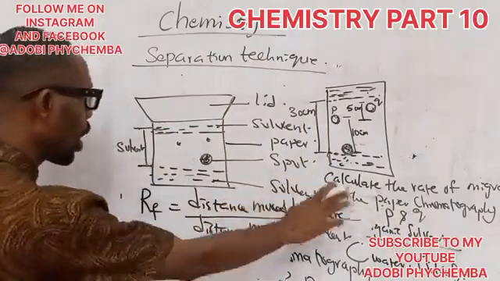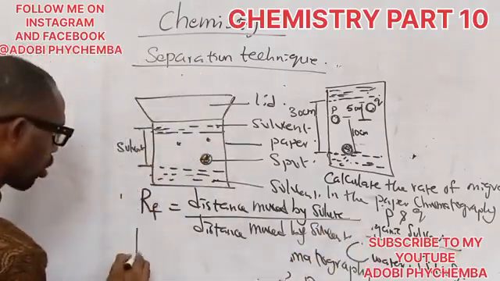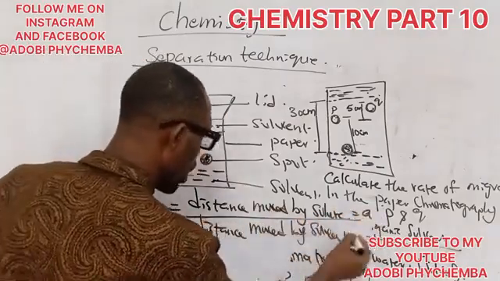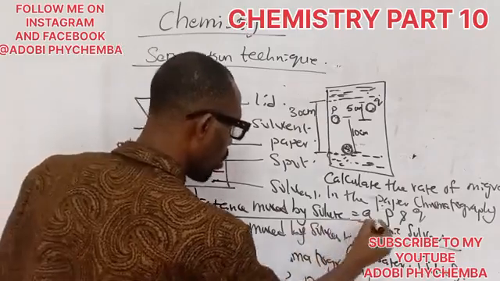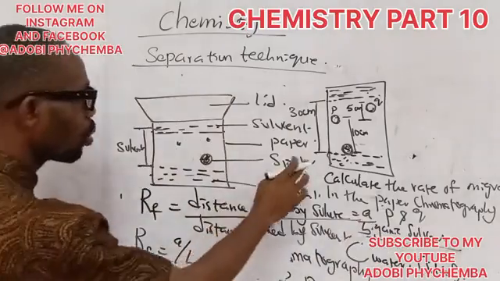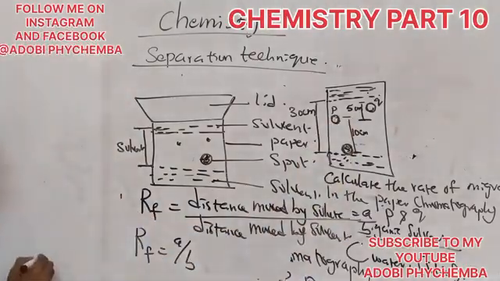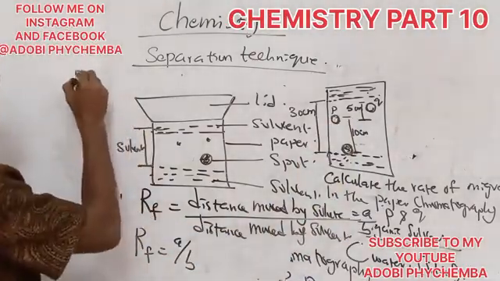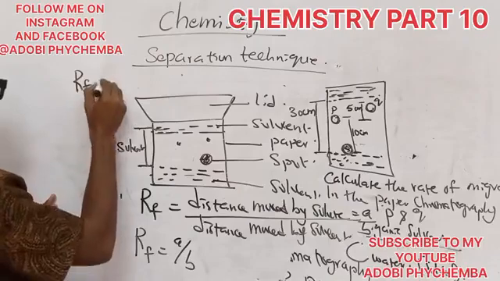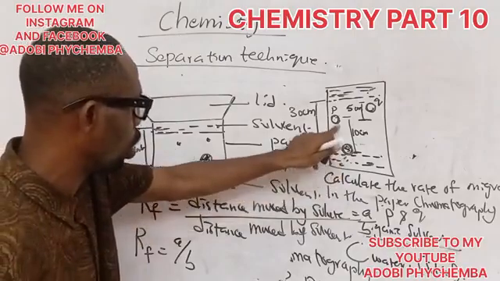Write out the formula. I gave you the formula. Look at it. Rate of migration is equal to distance moved by solute, which is A, over distance moved by solvent, which is B. So A over B. Now they say we should calculate for P and Q. What's the distance of the solute from here to P? It is 10.